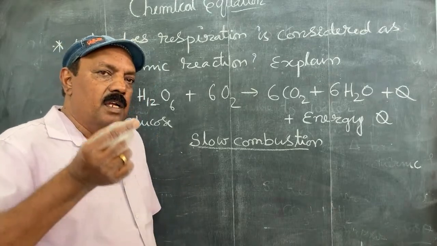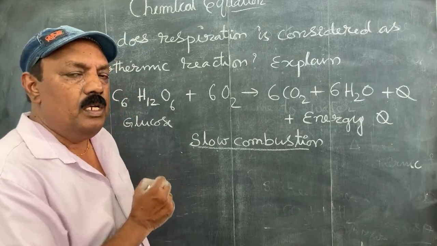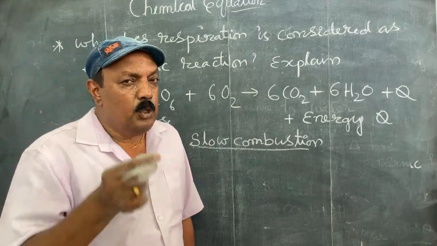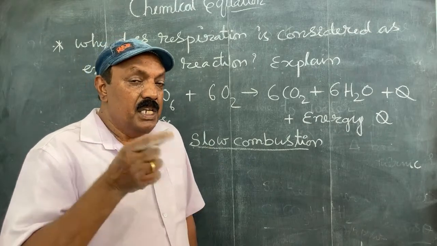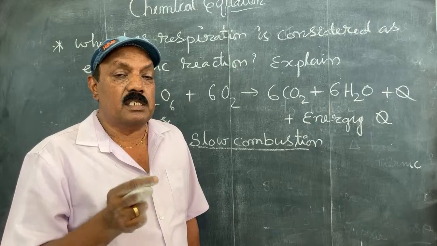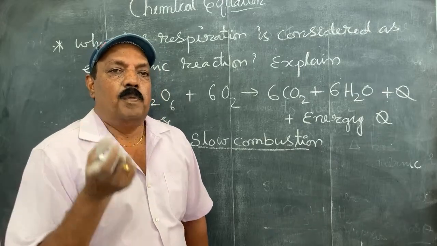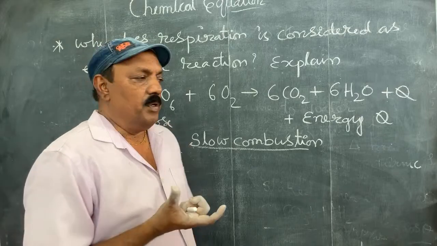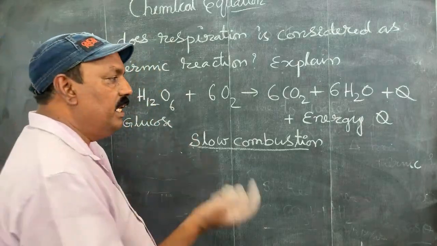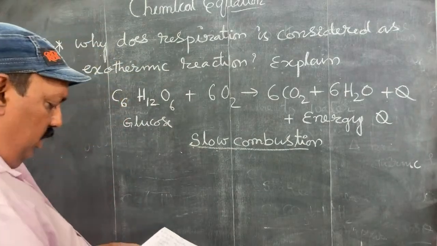During aerobic respiration, 38 ATP molecules are produced. During anaerobic respiration, 2 ATP molecules are produced. That means respiration is very, very important, not only from the living point of view, it is producing a lot of energy for our health. So, totally 40 ATP molecules, adenosine triphosphate molecules, are produced.